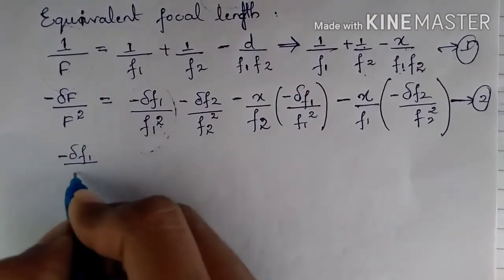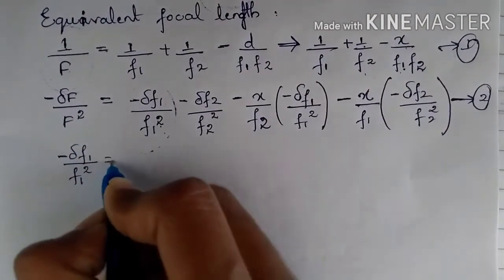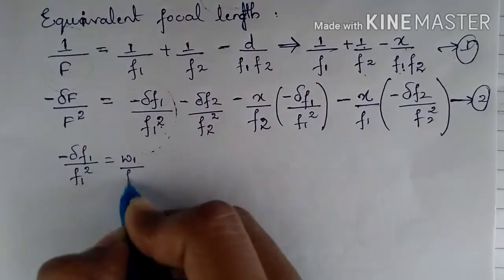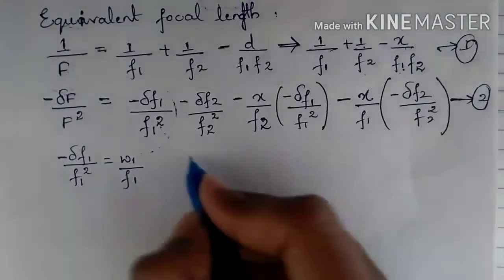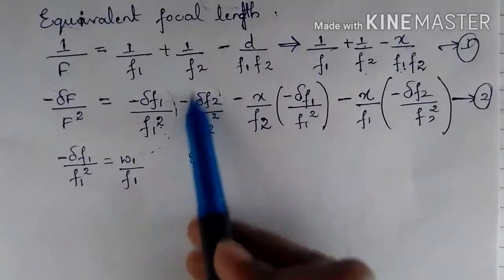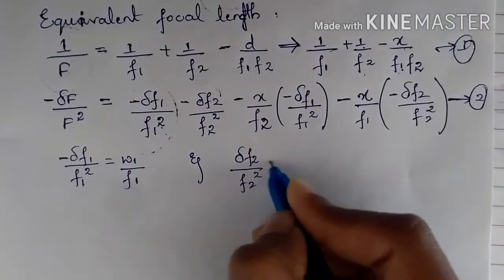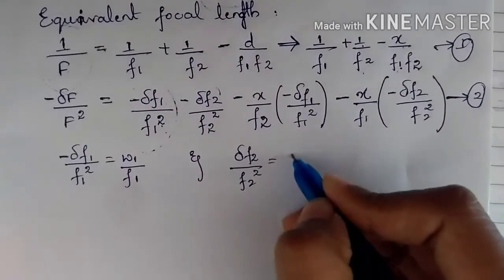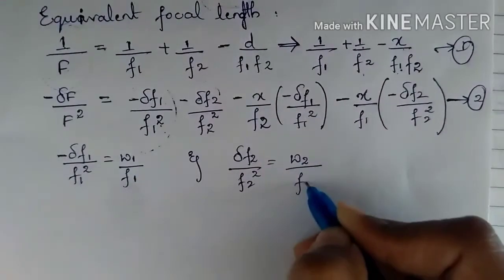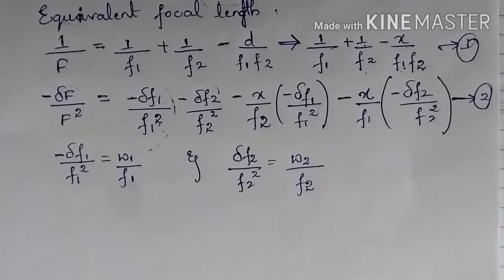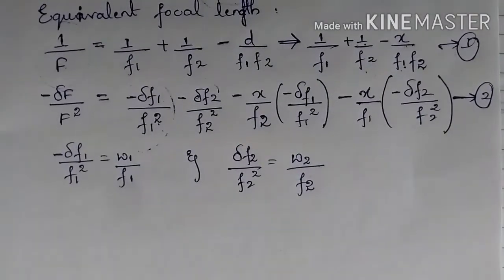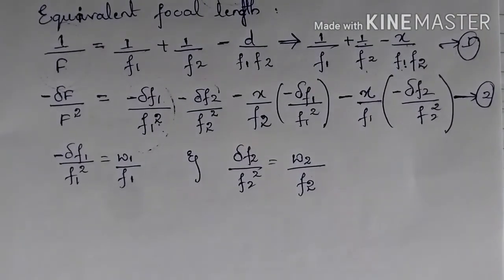Dou f1 divided by f1 square is equal to omega 1 divided by f1. And similarly you can write dou f2 divided by f2 square is equal to omega 2 divided by f2. So here we are just writing the terms in a different way.